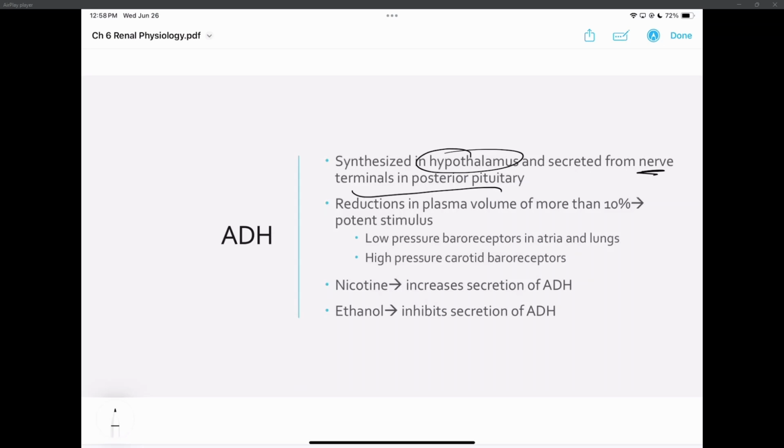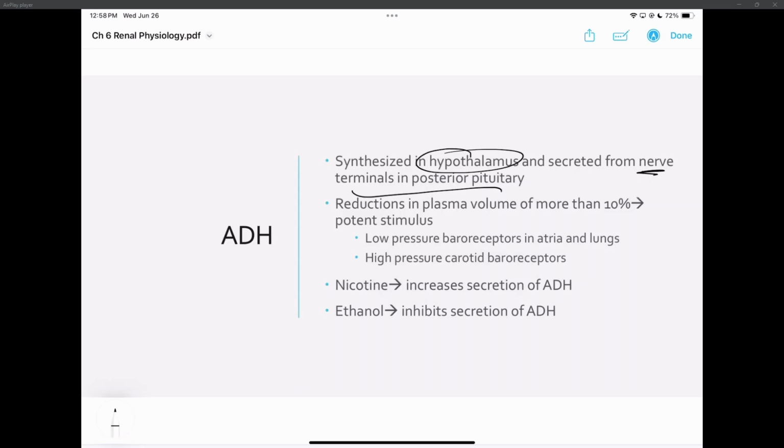Oxytocin. Those are neurally mediated. They're fast acting. All the hormones on the anterior side are hormonally mediated. You need stuff to go through the blood to get to that pituitary gland, activate those receptors to have a response. Anterior pituitary is very slow. So whenever you see anything saying it's neurally mediated, it's going to be a fast response.